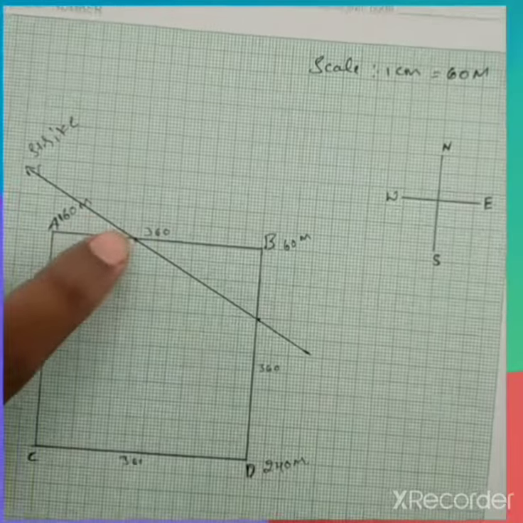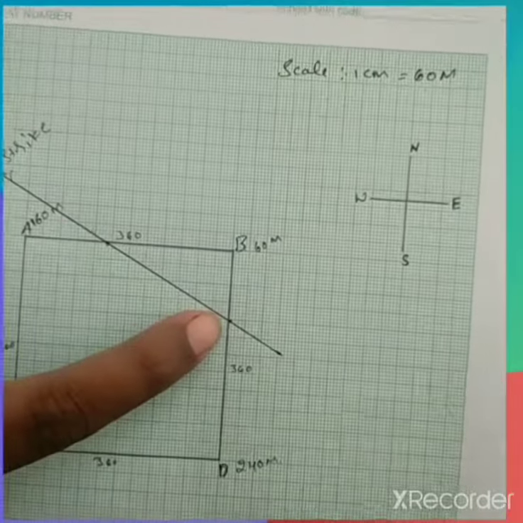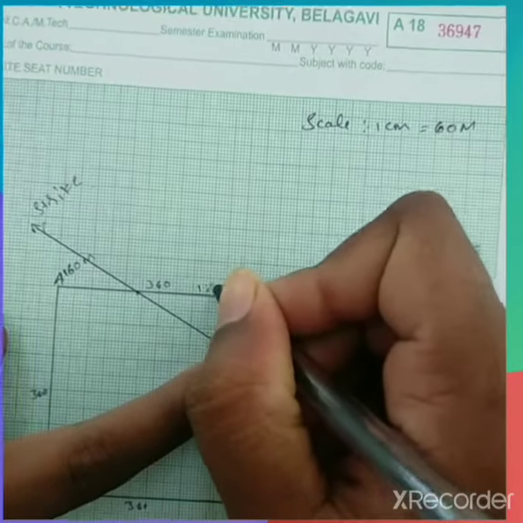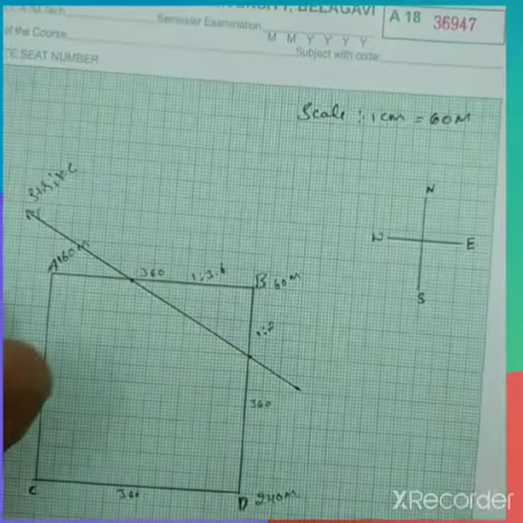Draw the line which meets the 2 gradient points, 1 is to 2, 1 is to 3.6. This is the strike.